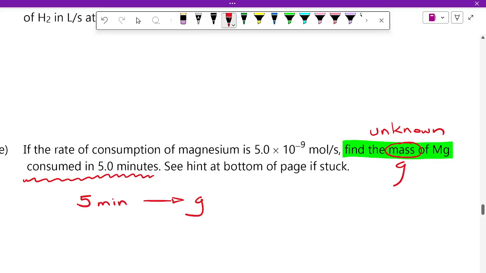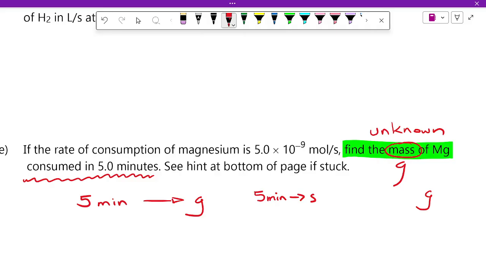Do we have any conversion factors that directly relate minutes to grams? No. But what could we convert minutes into? Seconds. We could convert 5 minutes into seconds. And can we convert seconds into grams? Do we have grams per second anywhere?